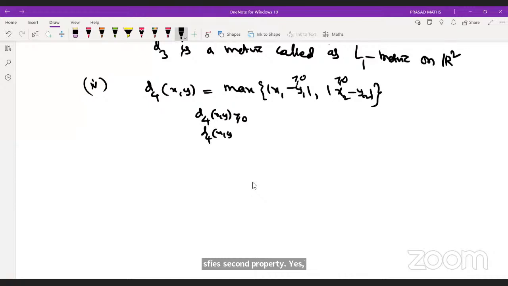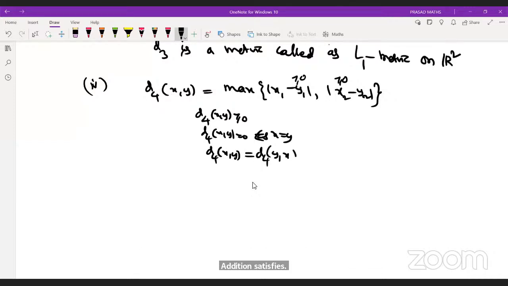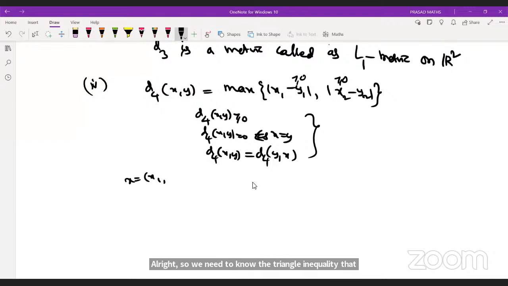Distance between x comma y equals 0 if and only if x equals y, the same idea. And distance satisfies the symmetric property. Right? So we need to check the triangle inequality. That is important. For this, I can take two elements.